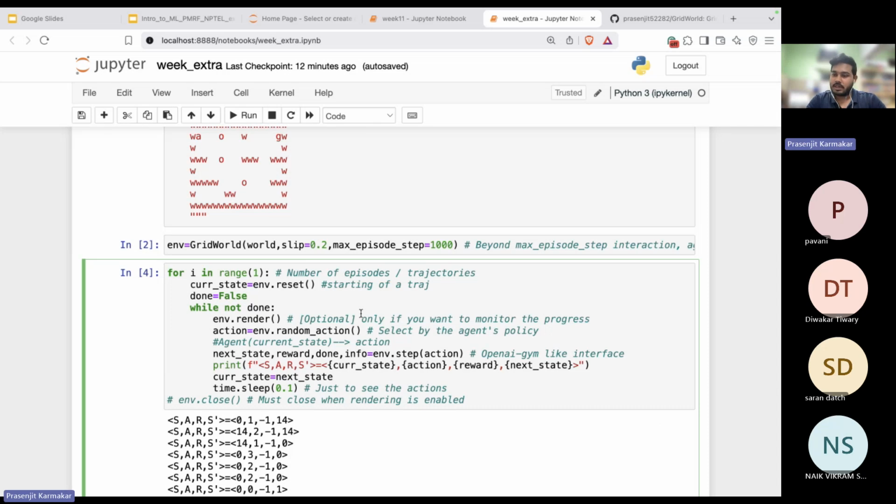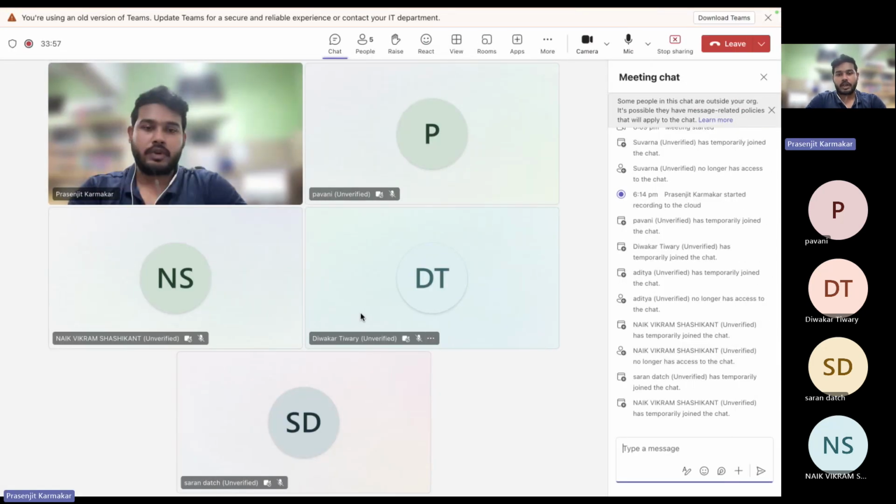Okay. Now we'll see some kind of algorithms, how to design those agents. So just for others who join in a bit late, we are now not assuming that we know the world dynamics. We don't know the transition probability dynamics or the action dynamics, or let's say the reward dynamics.